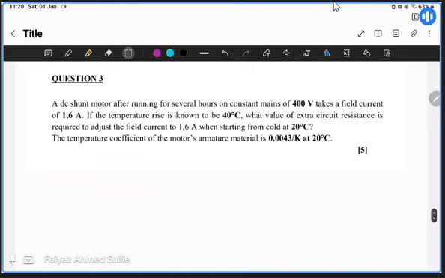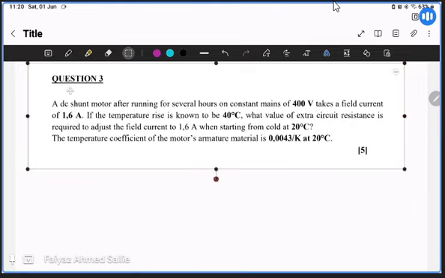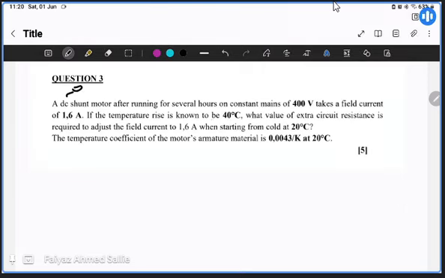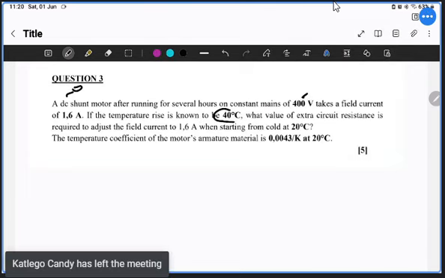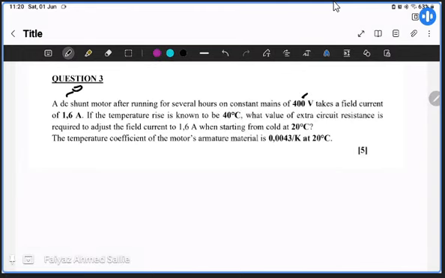So the question in front of us says that a DC direct current motor, after running for several hours on consistent mains of 400 volts, takes a field current of 1,6 amps if the temperature rise is known to be 40 degrees.